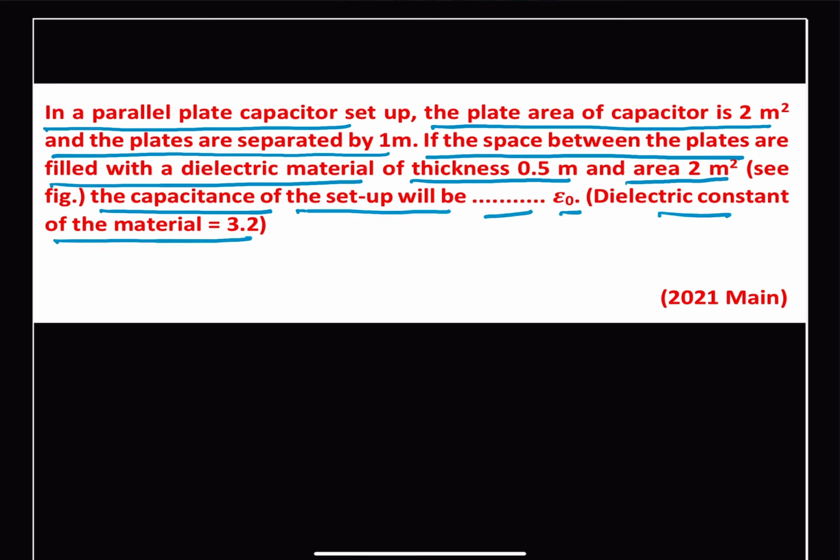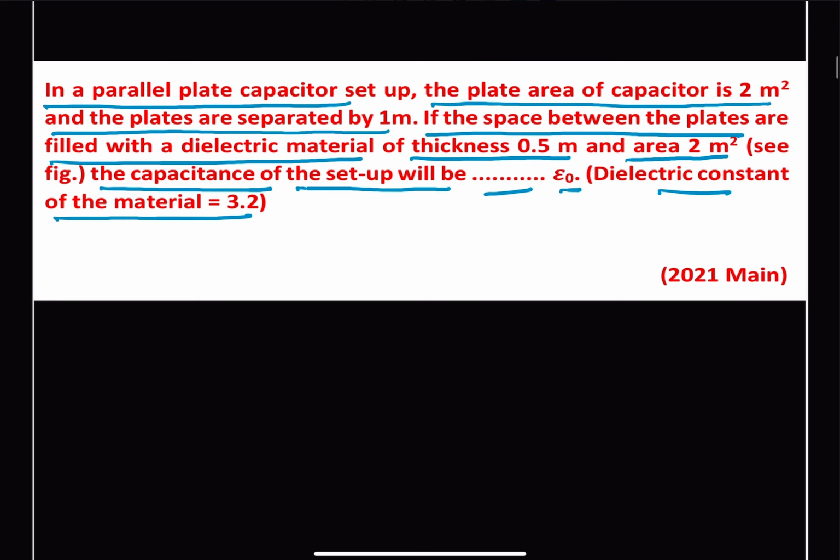So in this case, we are given a parallel plate capacitor, and the area of the capacitor is, suppose, A and D is the distance between the plates. Now in the second case, the space between the plates is filled with the dielectric, and the thickness of the dielectric is 0.5 meter.